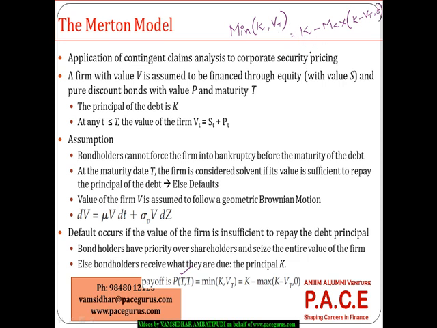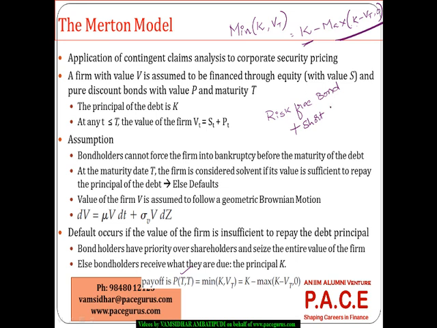Now this is where I can try mapping the options terminology. K is nothing but the risk free bond, because K is the principal on the bond. So I am going to get that bond minus, which means I am taking a short position, max of K minus VT comma 0, strike price minus the market price.